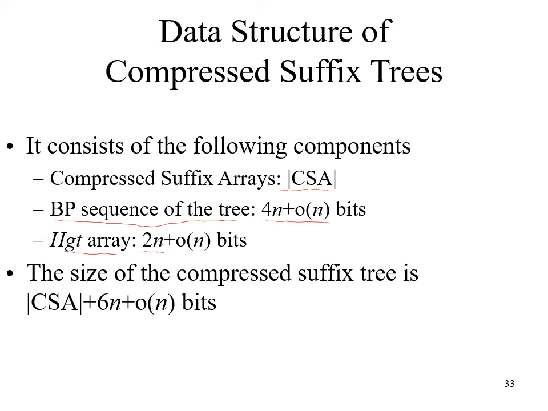And this is the size of the compressed suffix array of the string. H labels are represented by the height array and the CSA, and suffix links are also represented by the psi function of the compressed suffix array.